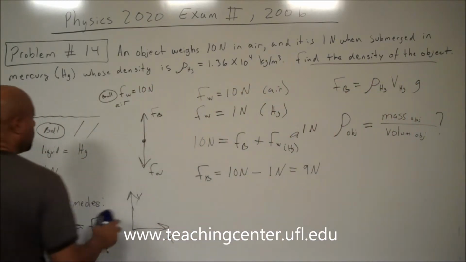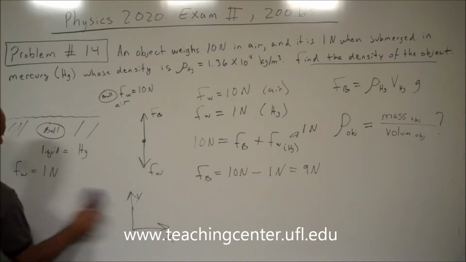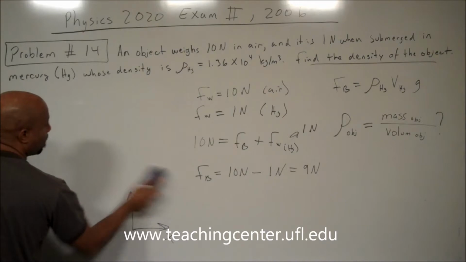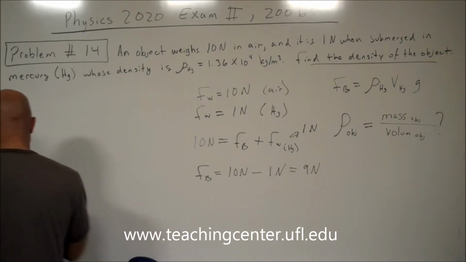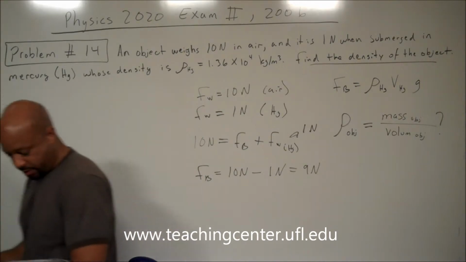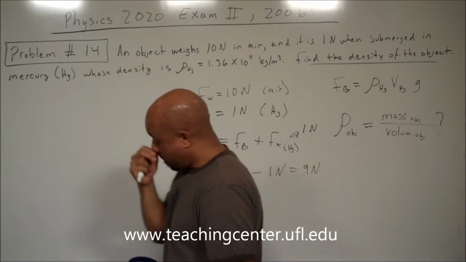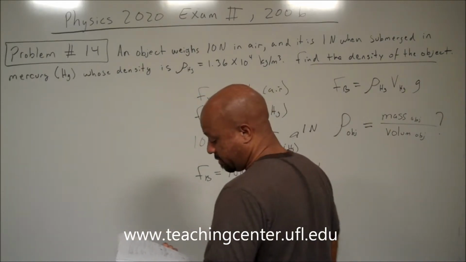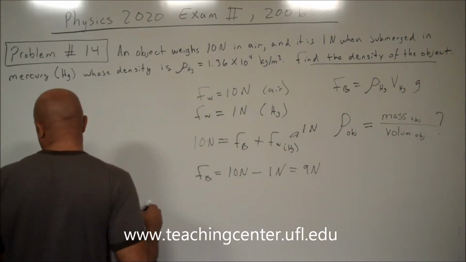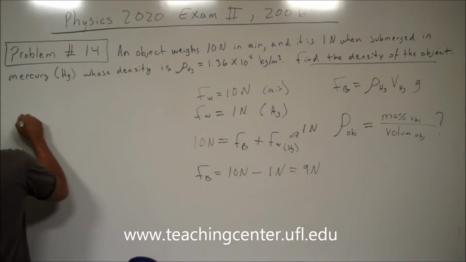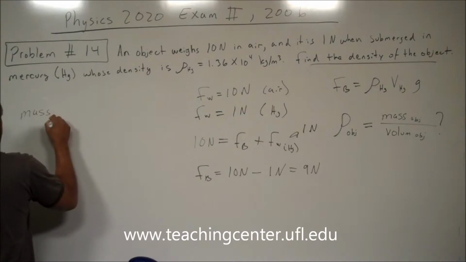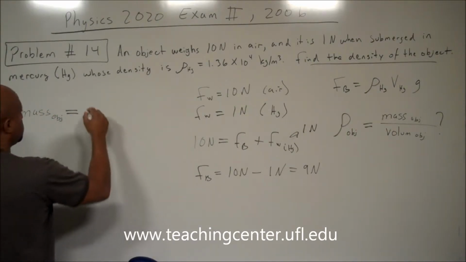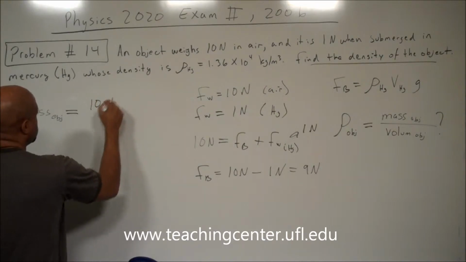Okay, so let me make some more room here. All right. So let's try to find the mass of the object. Well, we know that the object weighs 10 newtons. Okay?